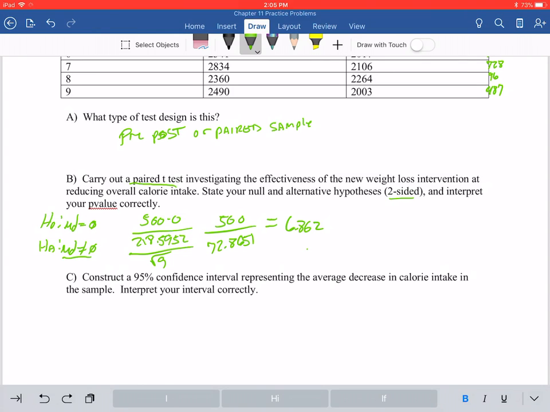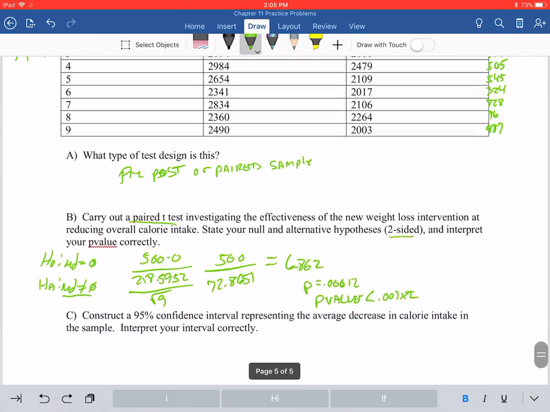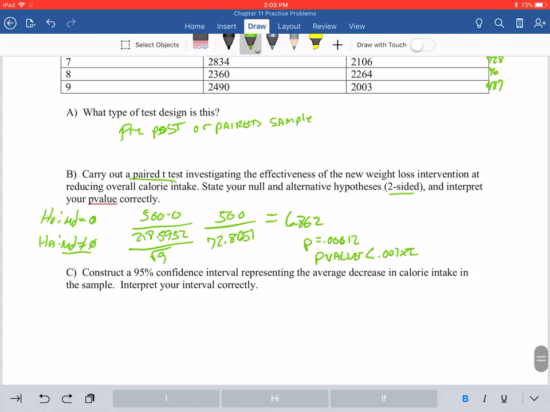The actual value, in case you're wondering, for this particular one, our p-value equals 0.00012, but since we're using the table we just say that our p-value is going to be less than 0.001 times 2, or just 0.002, because when we're looking at a two-sided, it doesn't tell us the alpha here.